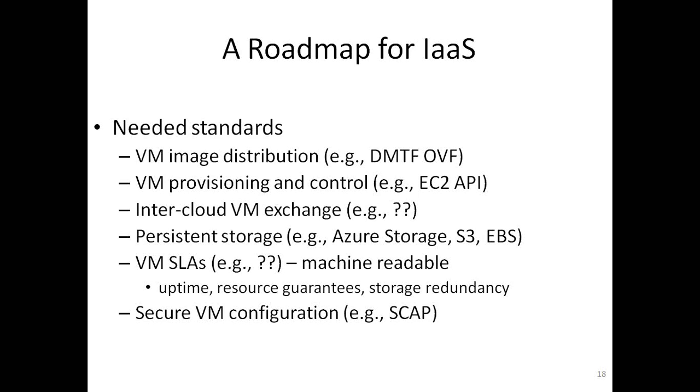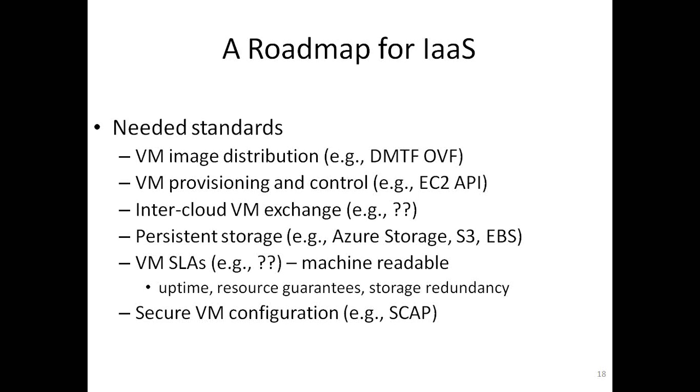OVF enables simplified and error-free deployment of virtual appliances across multiple virtualization platforms. It is a common packaging format for independent software vendors to package and securely distribute virtual appliances. This enables cross-platform portability. By packaging virtual appliances in OVF, vendors can create a single pre-packaged appliance that can run on the customer's virtualization platform of their choice.